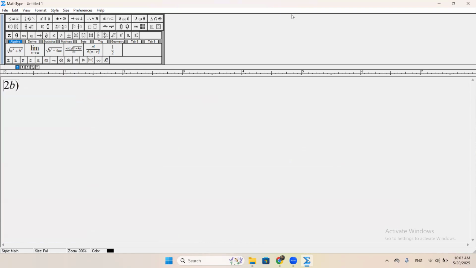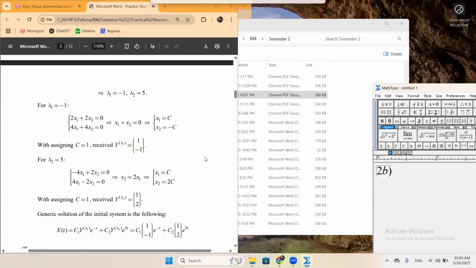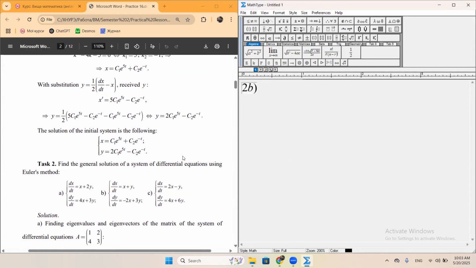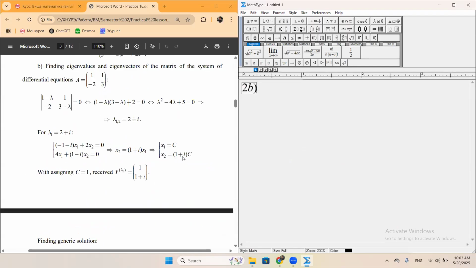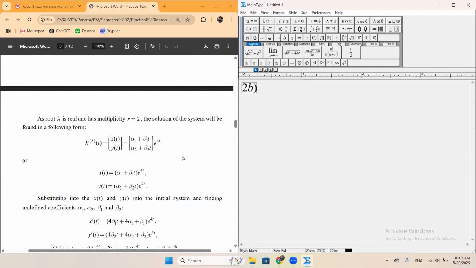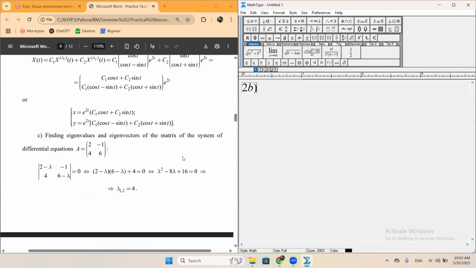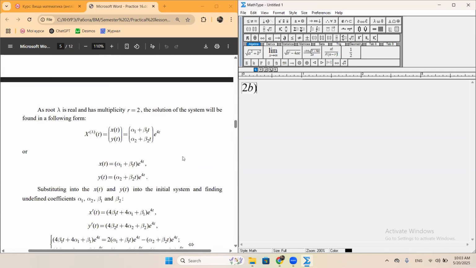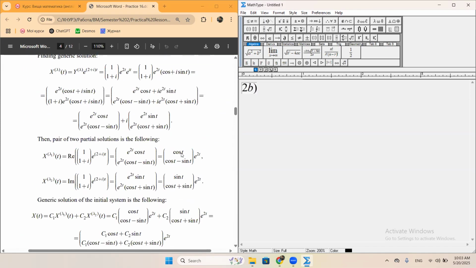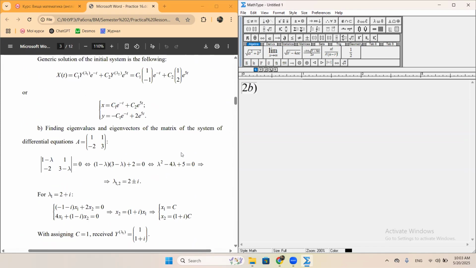Okay, let me see. B or C, what is more interesting for us? Okay, both cases are interesting, so let us solve both of them.